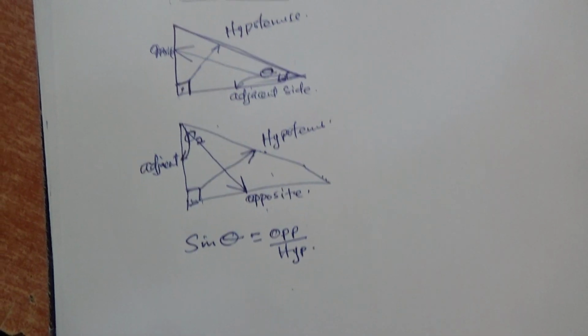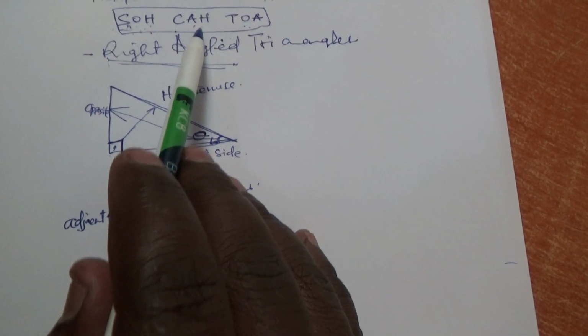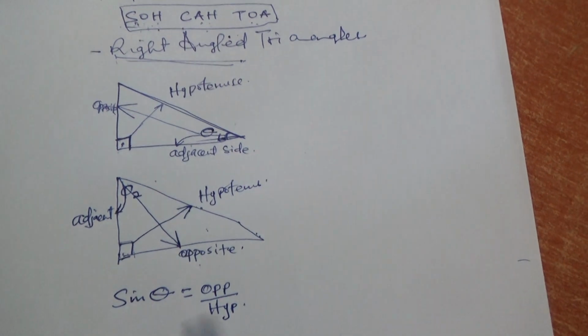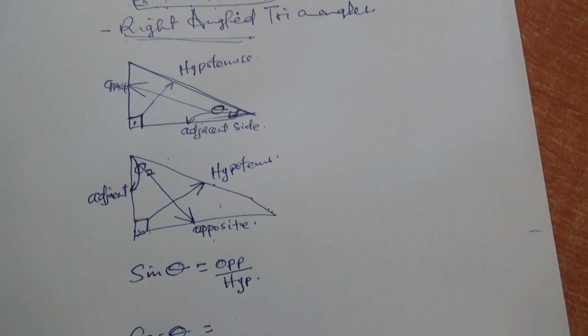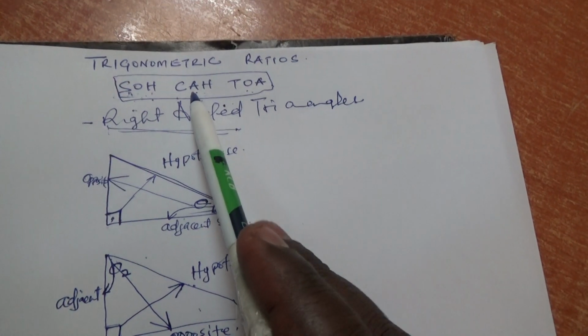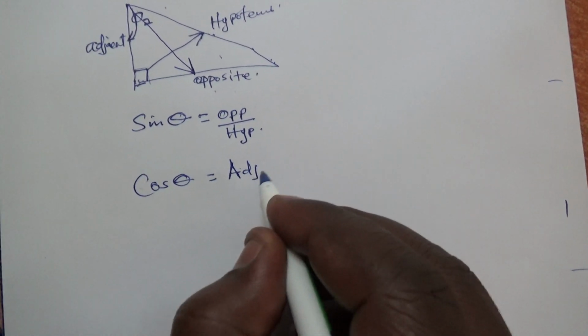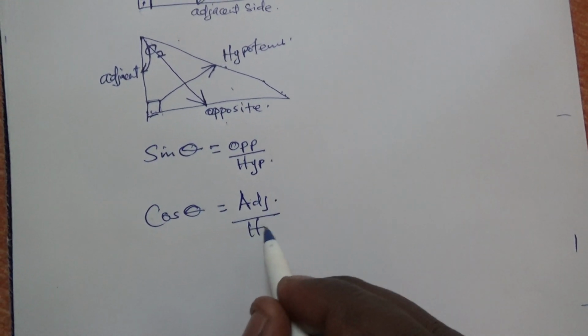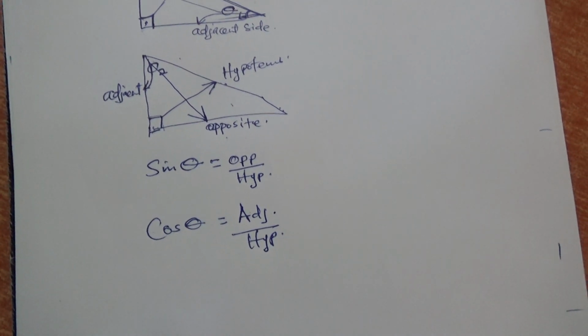Okay, and then we also have the cosine. So cos theta is going to be, from CAH, the adjacent and the hypotenuse. So we have the adjacent over hypotenuse. Okay, that is how to find cos theta.